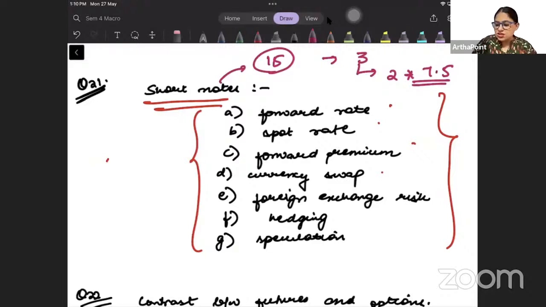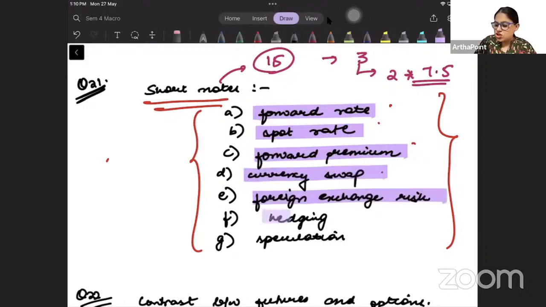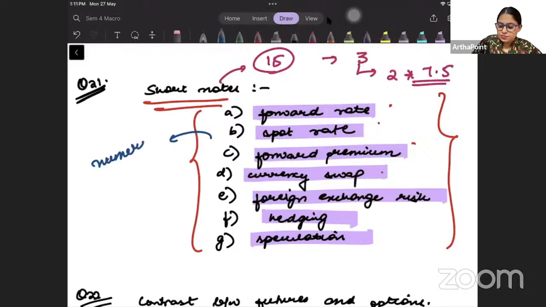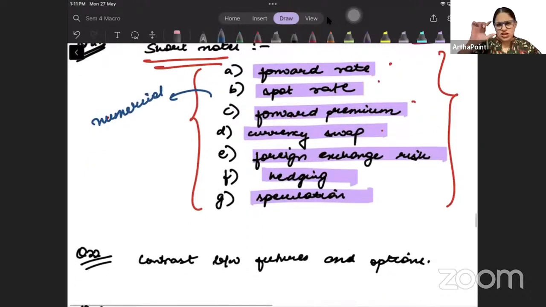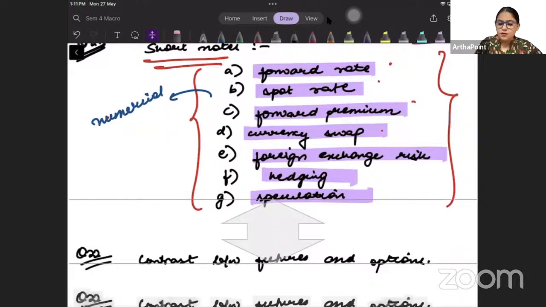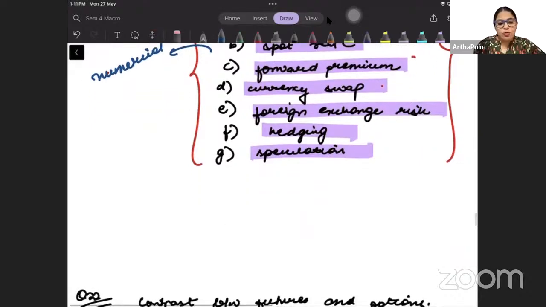Right? So these are the topics for short notes again. Forward rate, spot rate, forward premium, currency swap, foreign exchange risk, hedging and speculation. Here I want to again specify that they can ask you a numerical, छोटा सा एक numerical दे देंगे based on the formula, जैसे आपकी book में दिया हुआ है.